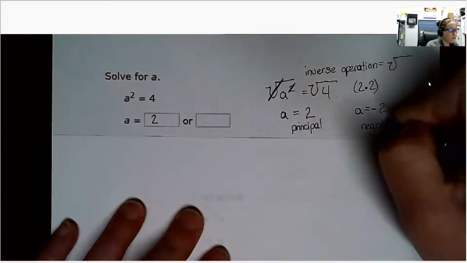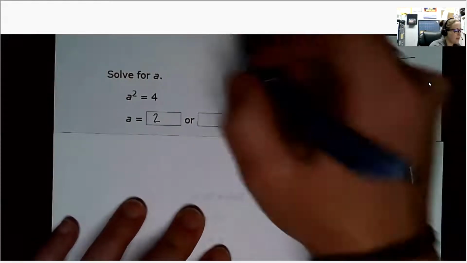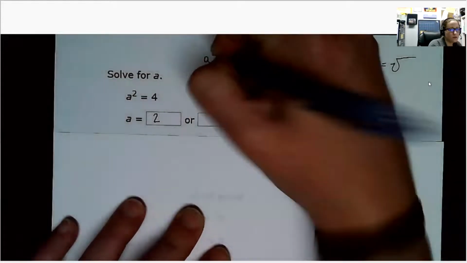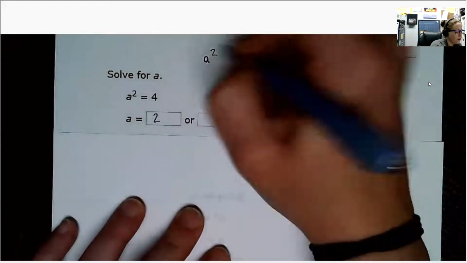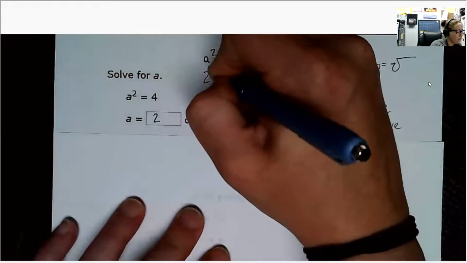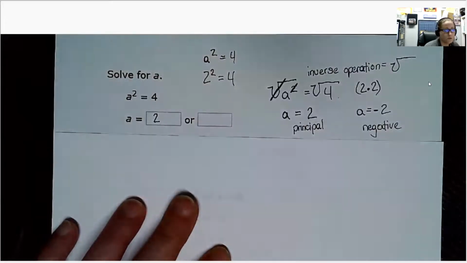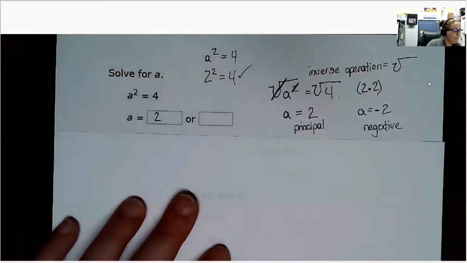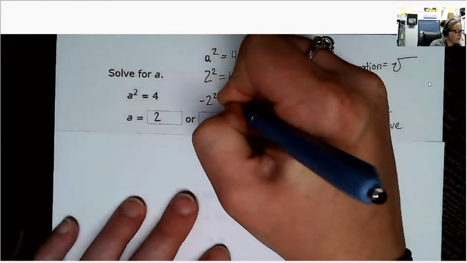And if you don't believe this, test it out. The original equation said a squared is equal to 4. So we just want to check 2 squared. 2 times 2, does it equal 4? Yes, that's 4. But what about if we're checking negative 2 squared?